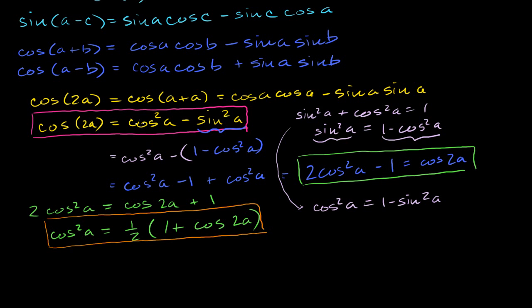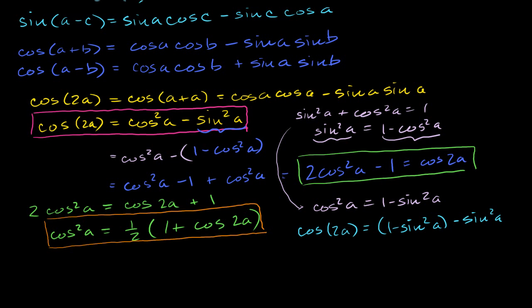And then we could go back into this formula right up here, and we could write down, and I'll do it in this blue color, that the cosine of 2a is equal to, instead of writing the cosine squared of a, I'll write this, 1 minus sine squared of a minus sine squared of a.